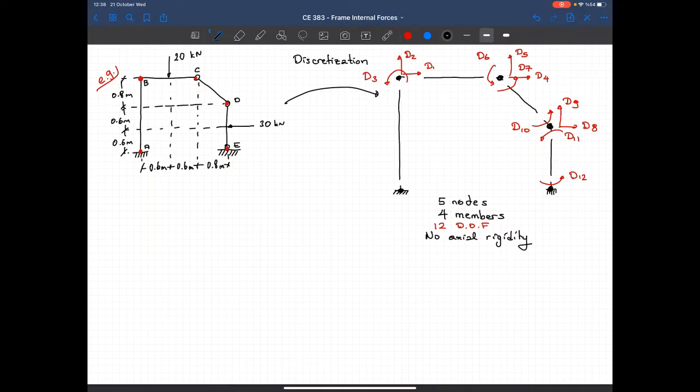Okay, now the next step. We discretized the structure. Now let's draw the free body diagram. This time I will not start from the support reactions. I will calculate them while drawing the free body diagrams. I will just draw it a little bit larger this time.